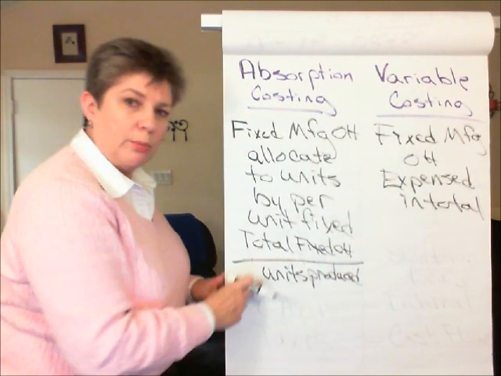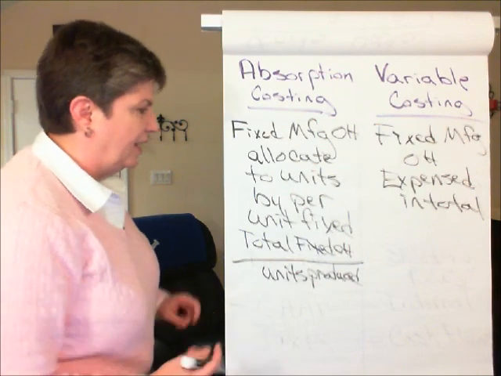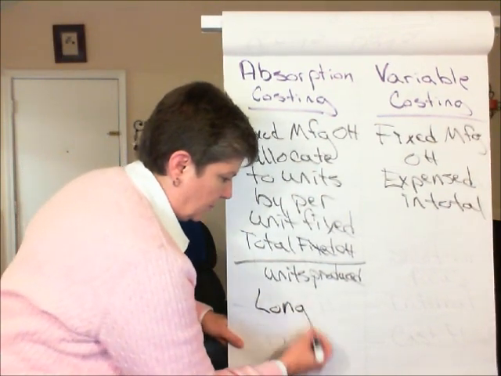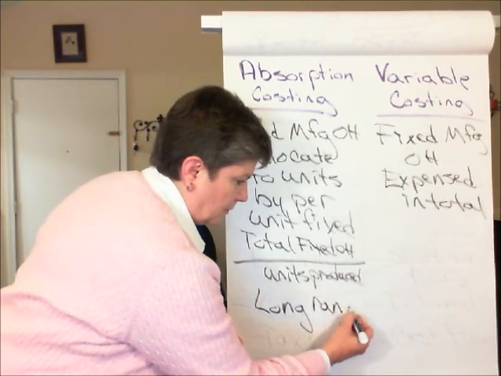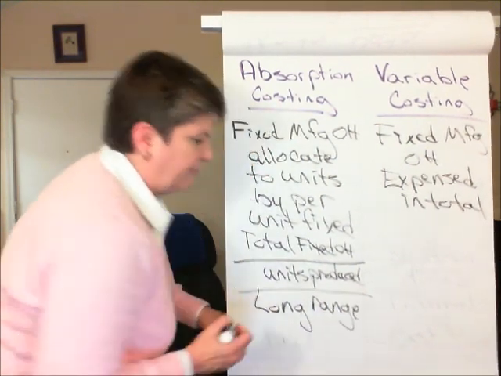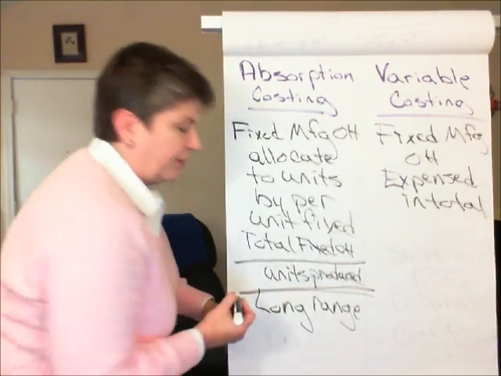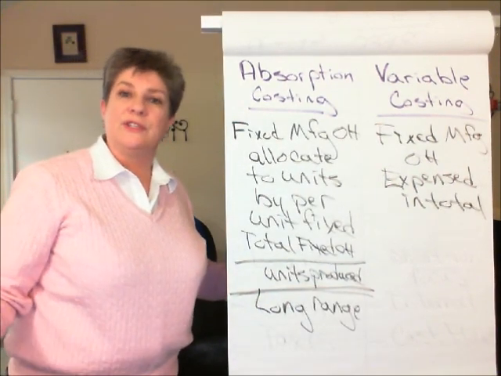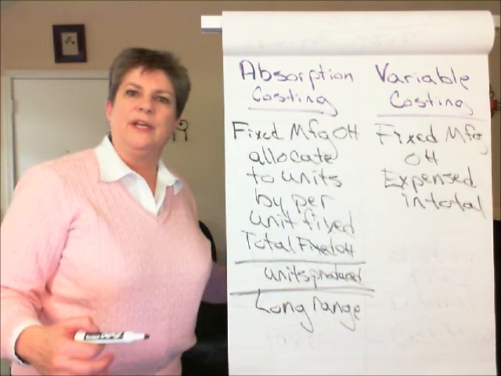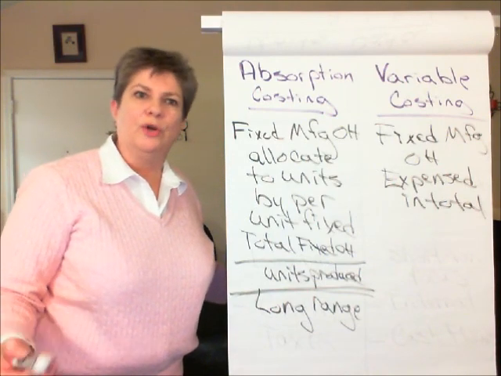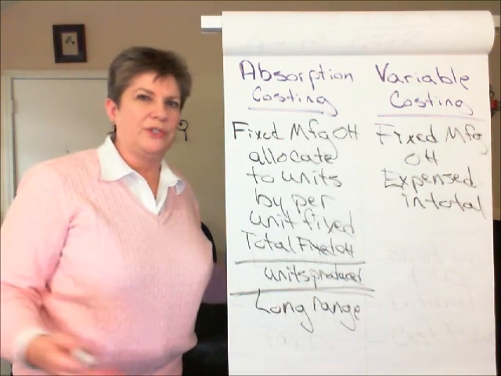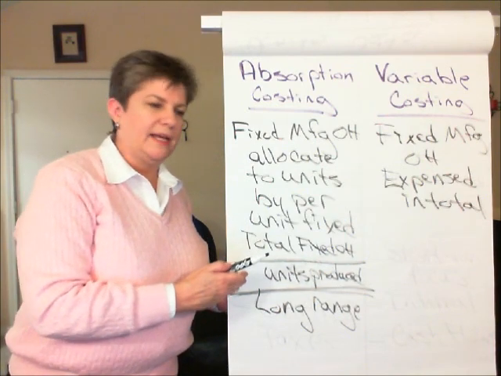Now, the absorption or full costing method is a long-range focus because it views fixed overhead in terms of its contribution to the long-term existence of the business. For example, buildings are going to last for more than 1 year, machinery, and so forth. So we need to take a long-run focus in dealing with fixed overhead.